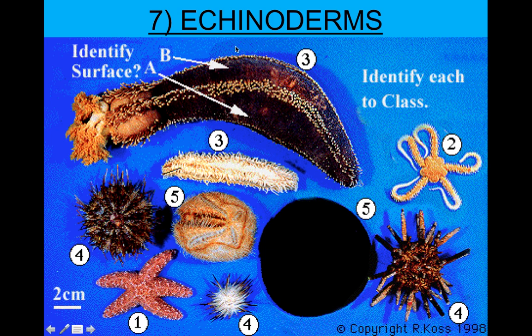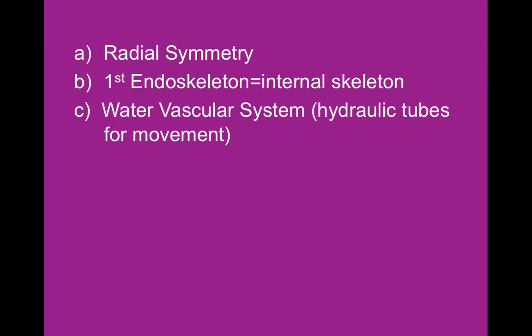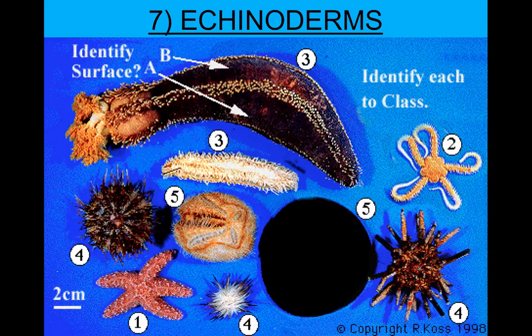So echinoderm, derm, I'm sure some of you have heard that word, like in dermatology, represents skin, and echino means bumpy. So they have radial symmetry. So in evolution, radial symmetry returned.